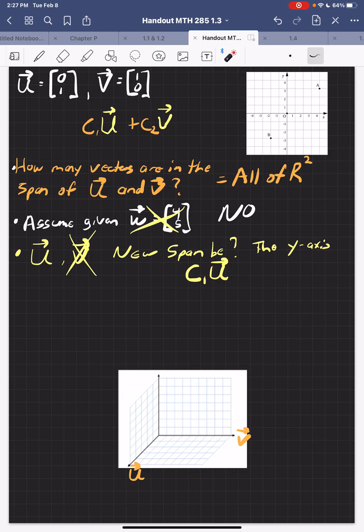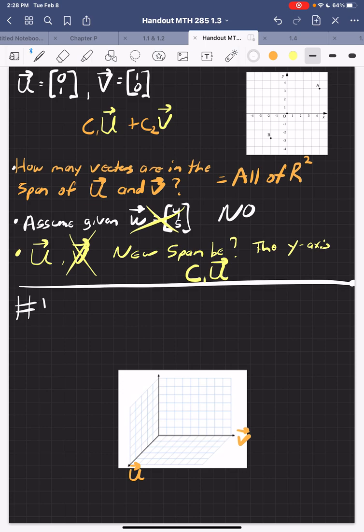Now let me pose the question. If you wanted to be able to reach all the vectors in R3, just like we were able to reach all the vectors in R2, how many vectors are needed to reach all of R3?